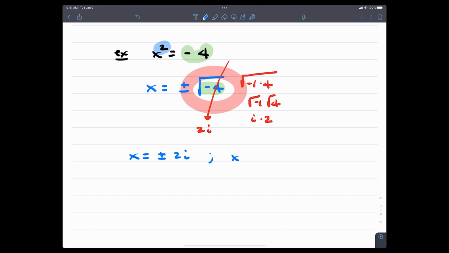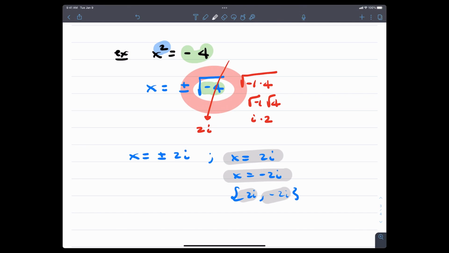And what that means, in one case, it's positive 2i, and in the other case, it's negative 2i. So in solution set notation, you guys can have 2i, negative 2i. You still have two solutions. They're complex. And ladies and gentlemen, complex solutions are also allowed with this.